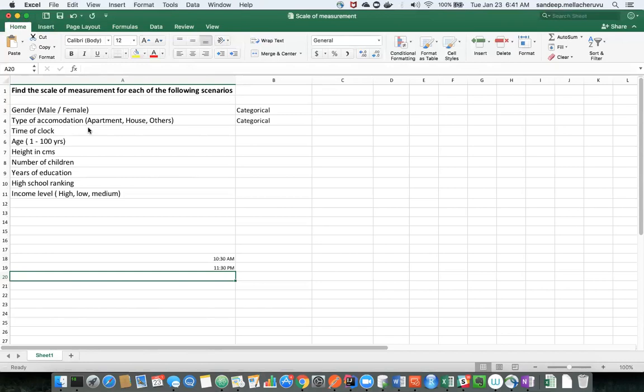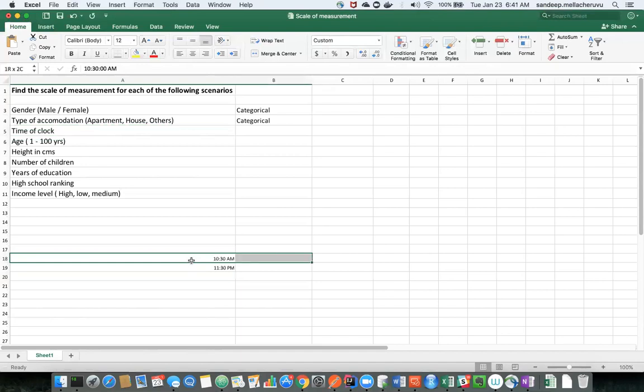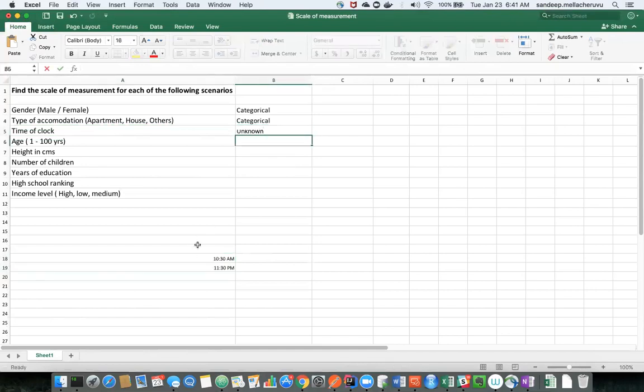Yes, but how many hours is not the time of the clock. Number of hours is not the time of the clock. Then how would you distinguish this? Then it's categorical. So we'll park it there. Unknown maybe. Okay, we'll come back.